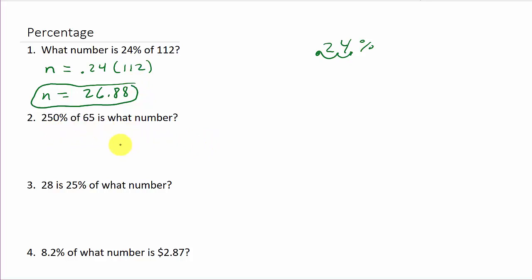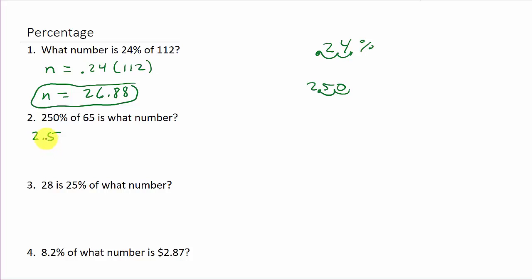All right, so let's see if you got it right. So we got 250% of 65. Well, let's take the 250% and change it to a decimal. So we move it 2 places to the left. So that's going to be 2.5. And yes, you can put 2.50, but 2.50 and 2.5 is the same thing.